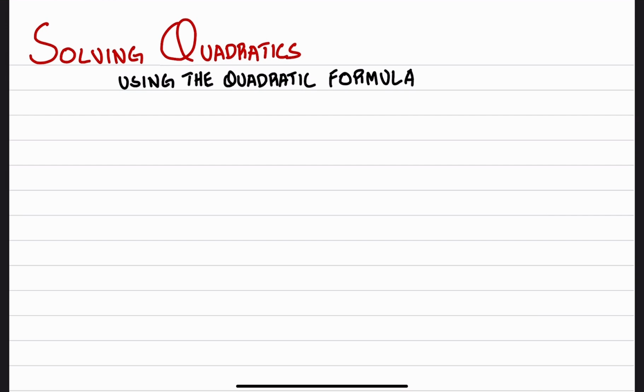So let's first write down the general form of the quadratic equation, which is ax squared plus bx plus c.